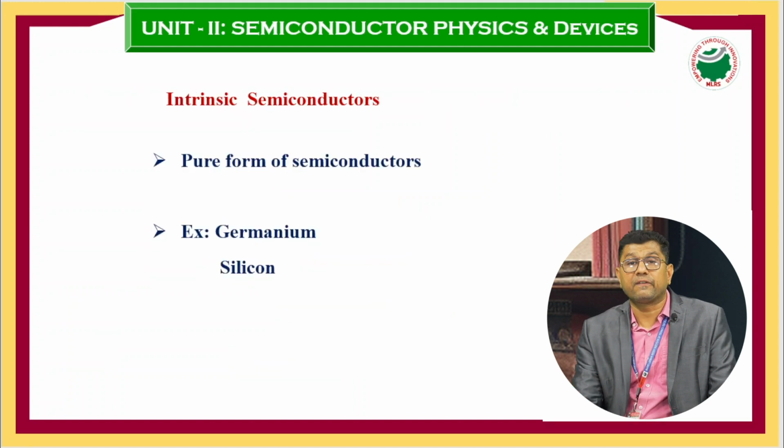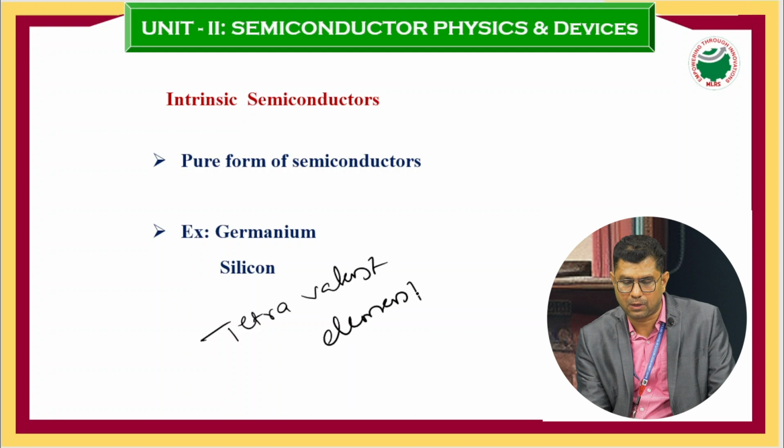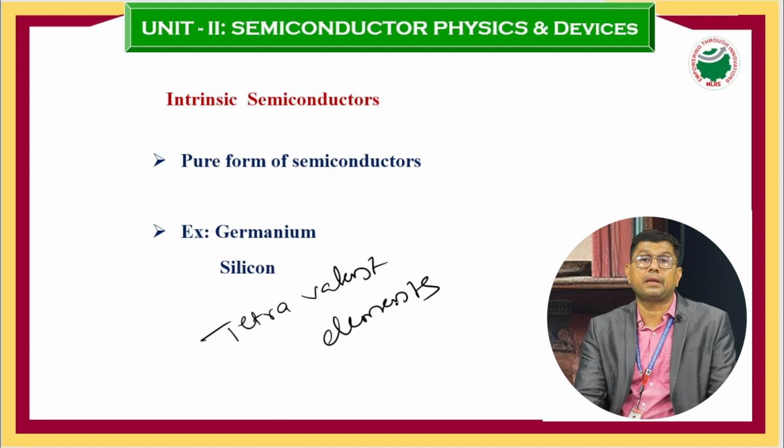The intrinsic semiconductors available in nature are germanium and silicon. Both of them are tetravalent elements. What is the meaning of tetravalent elements? The outermost orbit contains 4 valency electrons.